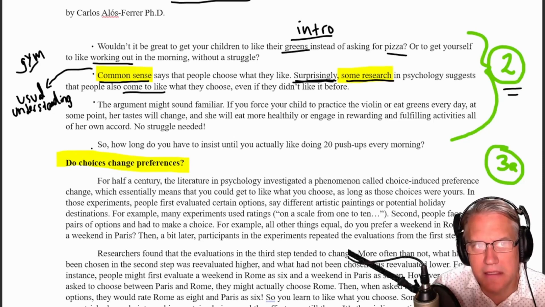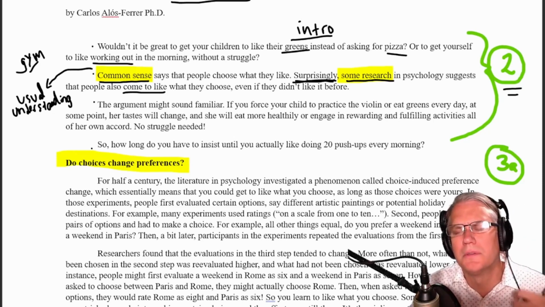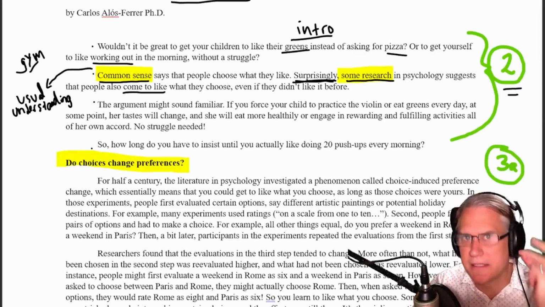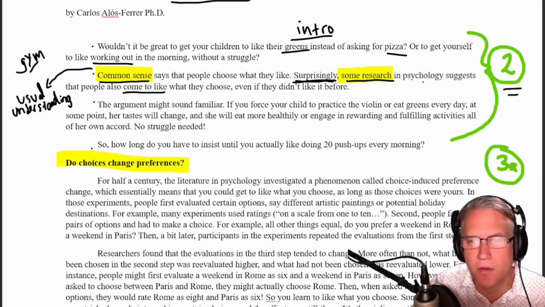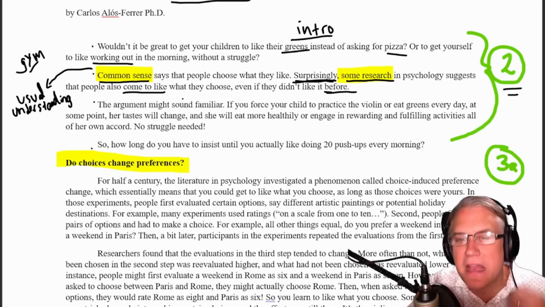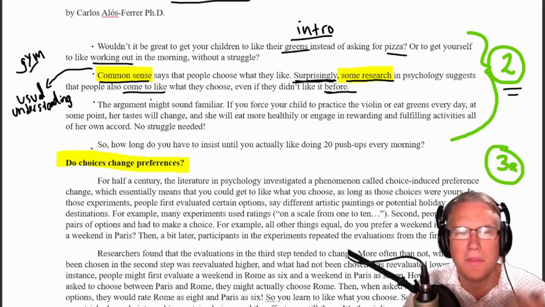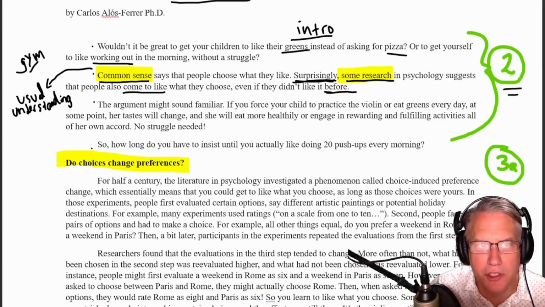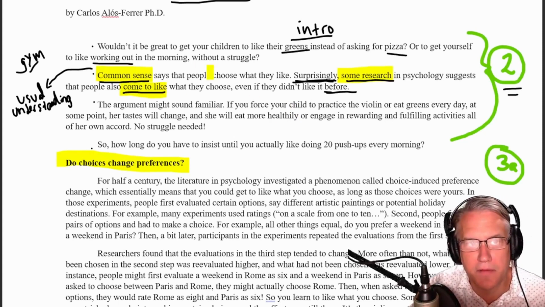This gives the idea of a gradual change, to come to like over time. It's not sudden. It doesn't happen quickly. Some research suggests that people come to like what they choose, even if they didn't like it before. So it's a change over time. They didn't like it before, and then eventually, over time, they come to like. Eventually, they come to like, even if they didn't like it before. This is what some research said in the past.